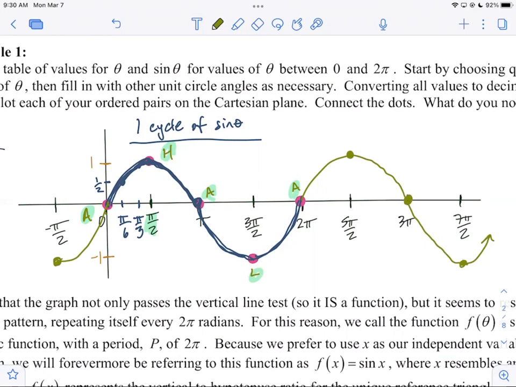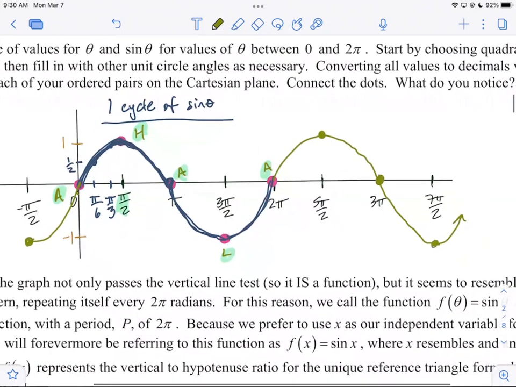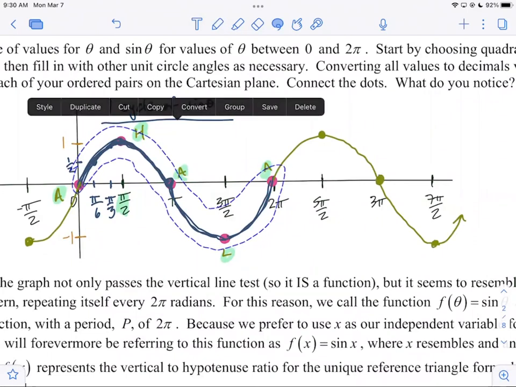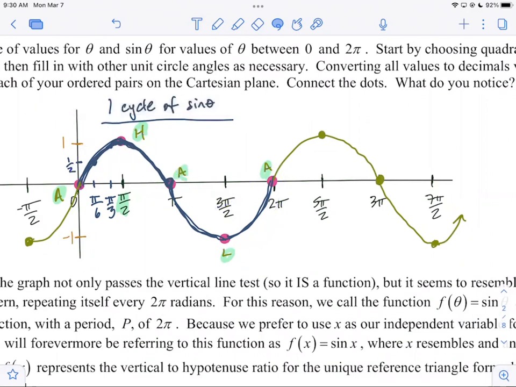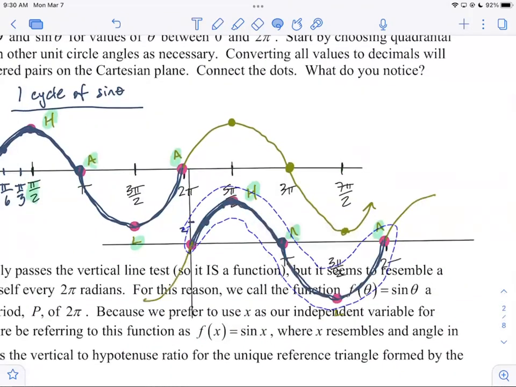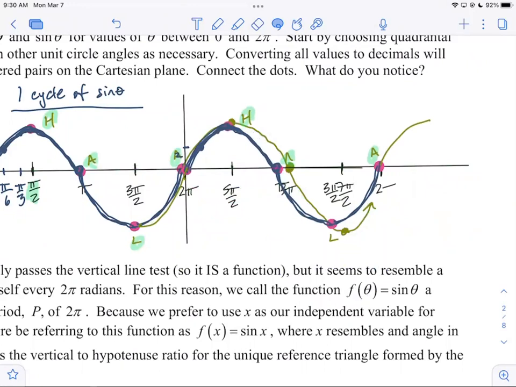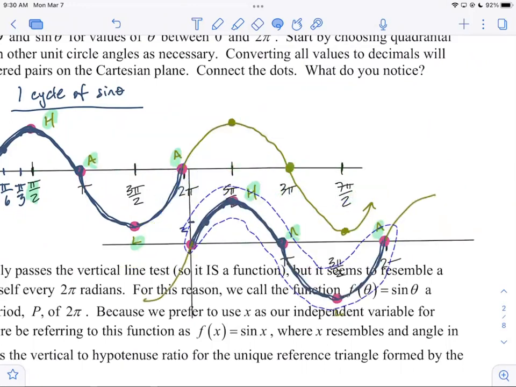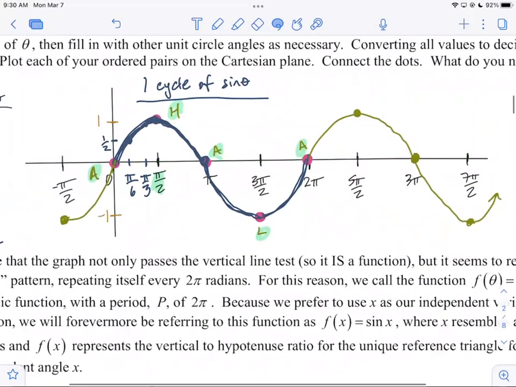All right. So if you wanted to, you could do this. You can actually trace out one cycle like this, copy it. And then if you wanted the next cycle, what could we do? We could just make a stamp and boom, there's the next cycle, right? It's stamp, stamp, stamp. Imagine the x-axis is running by at a constant pace.